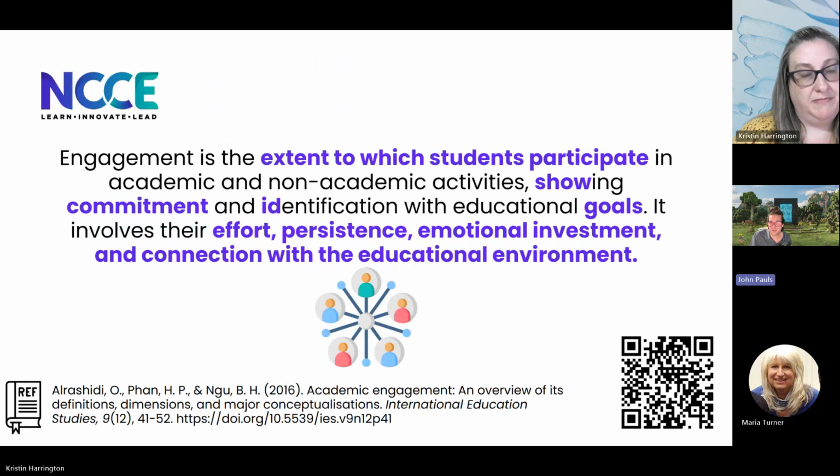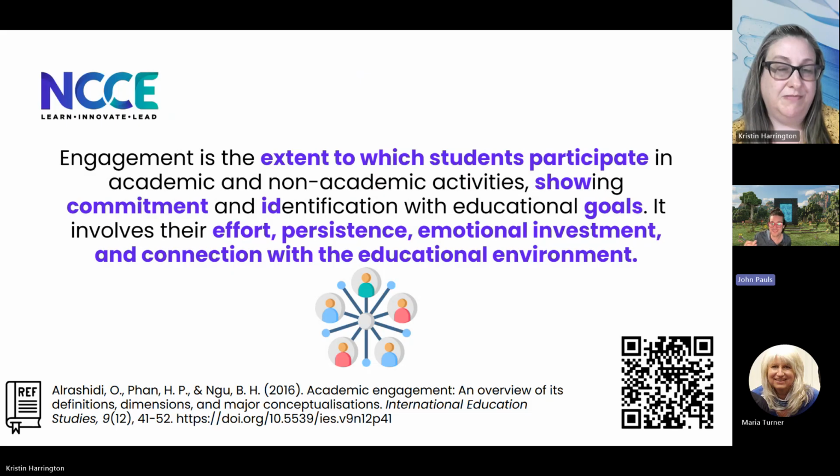Engagement is the extent to which students participate in academic and non-academic activities, how they show commitment and identification with educational goals. It involves their effort, persistence, emotional investment, and connection with the educational environment. We have some words highlighted on the screen: extent to which students participate.